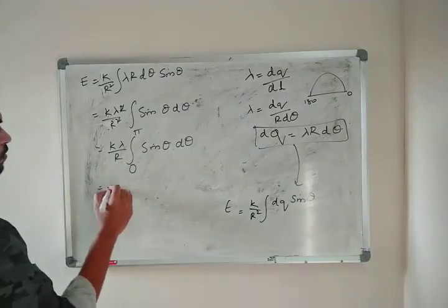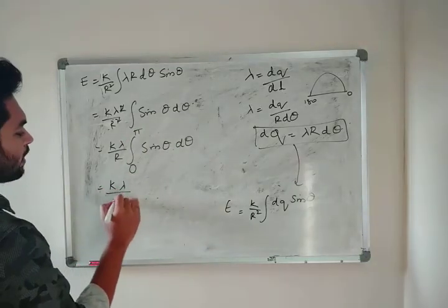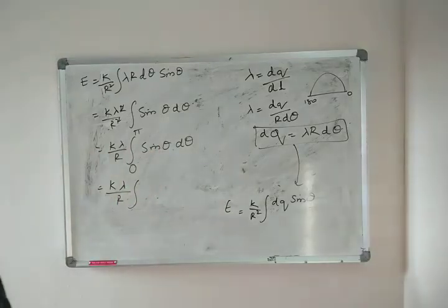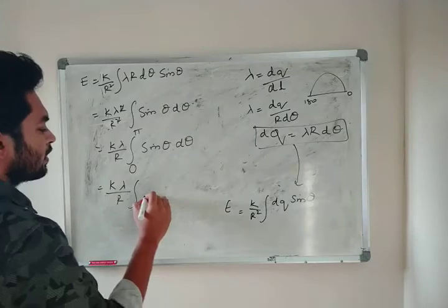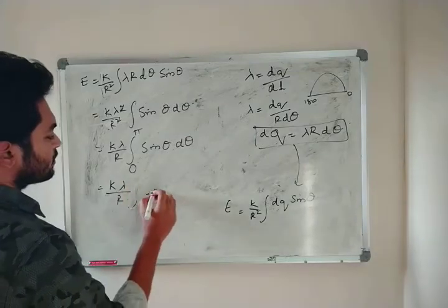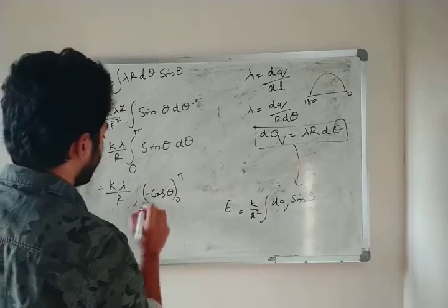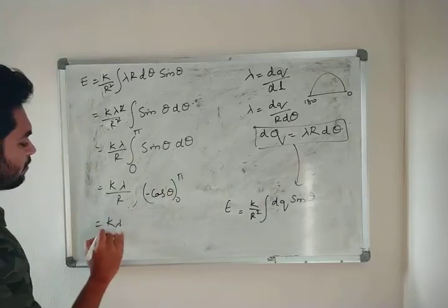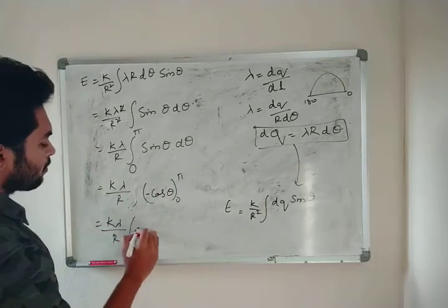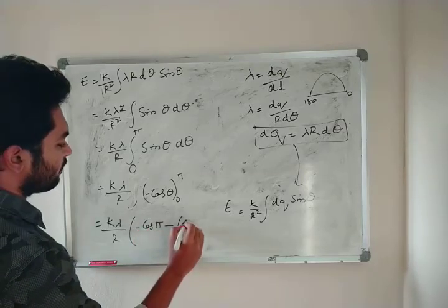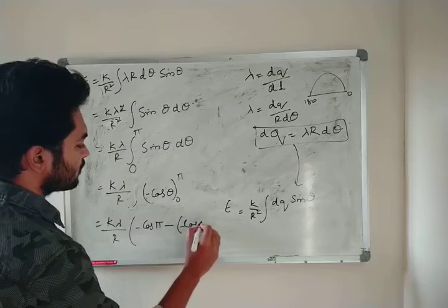So what do we get? k lambda by r, integral sin theta d theta. What is integral sin theta d theta? It is minus cos theta, with limits from 0 to pi. So your final answer will be k lambda by r into minus cos pi minus of minus cos 0.